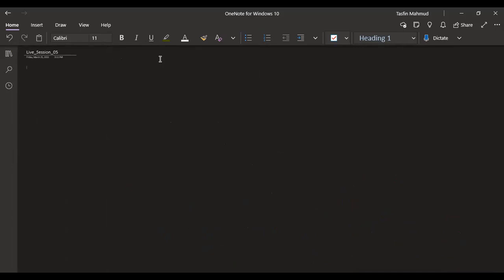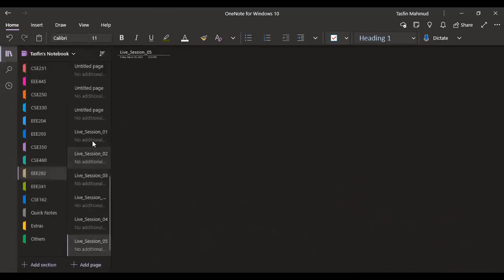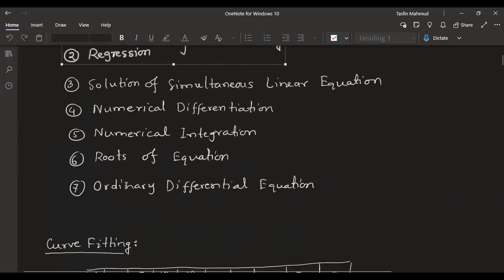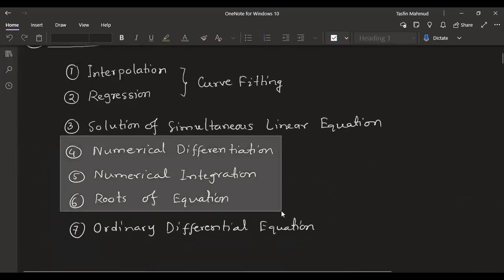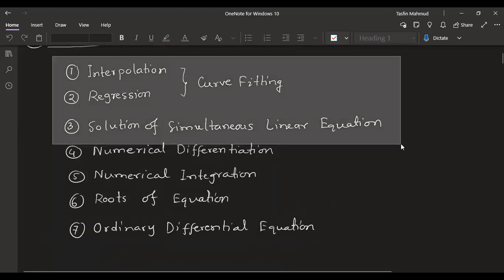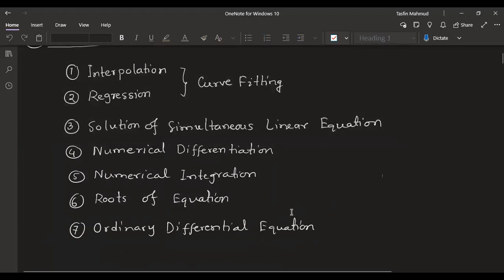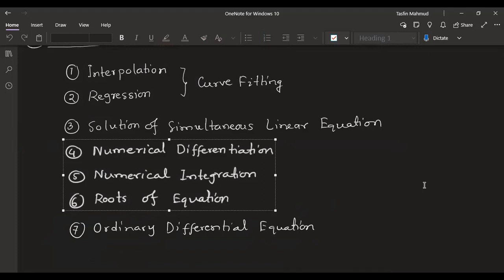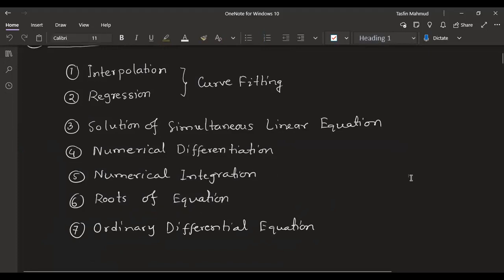The first is on the first three topics, and the second exam would be on the last three topics: numerical differentiation, integration, and roots of equations. Both exams would be simulation exams. You may have to write some explanations, but mostly you have to simulate, using MATLAB to solve relevant problems. So one option could be this.